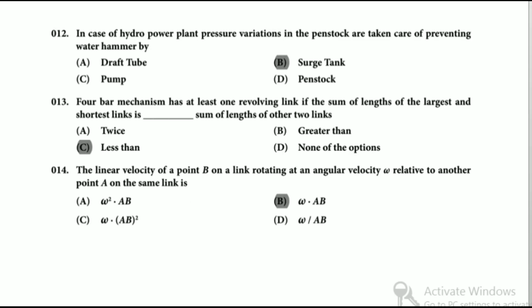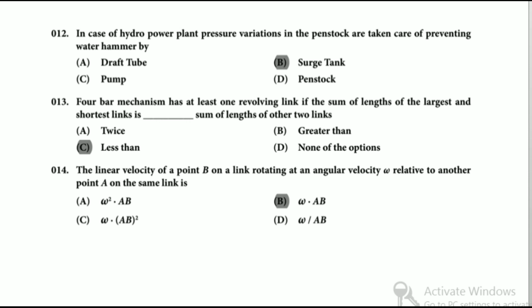Number 12. In case of a hydropower plant, pressure variations in the penstock are taken care of, preventing water hammer, by dash. A draft tube, B surge tank, C pump, and D penstock.